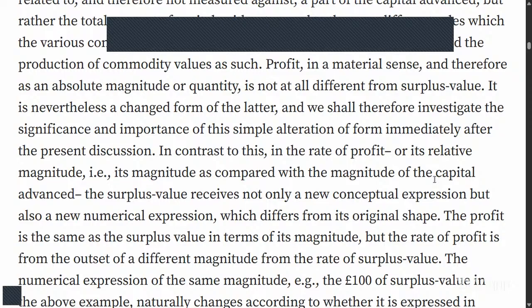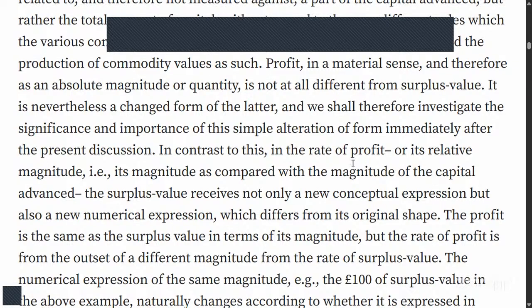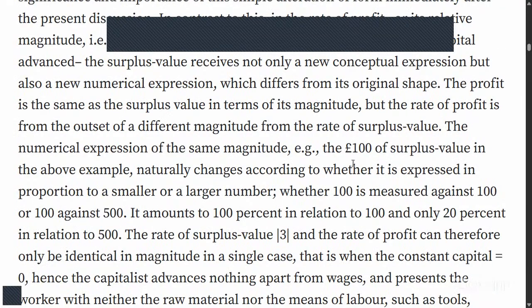The profit is the same as the surplus value in terms of its magnitude, but the rate of profit is, from the outset, of a different magnitude from the rate of surplus value. The numerical expression of the same magnitude, for example, the 100 pounds of surplus value in the above example, naturally changes according to whether it is expressed in proportion to a smaller or larger number, whether 100 is measured against 100 or 100 against 500.